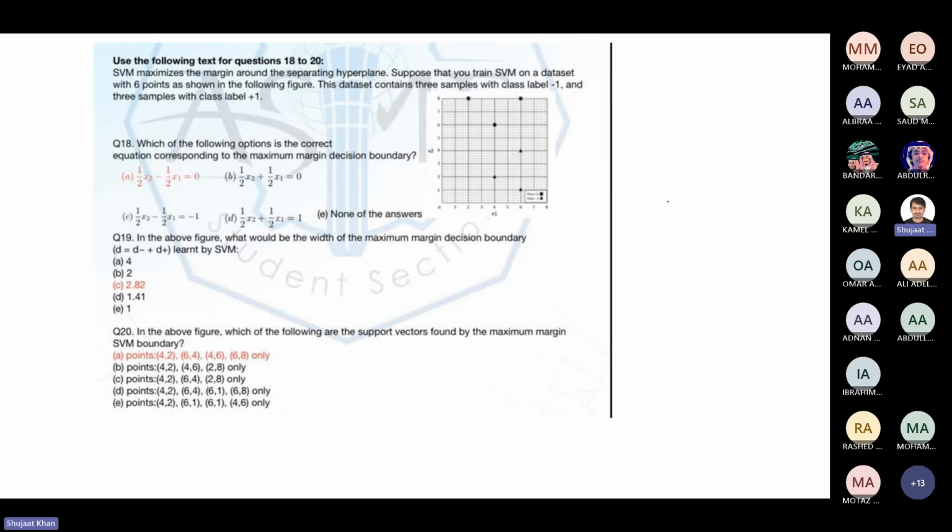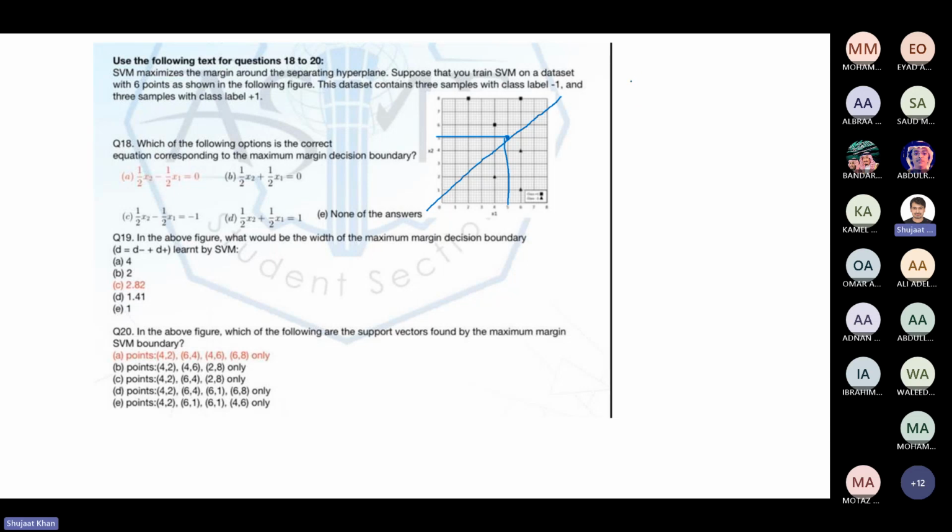Okay, so the line will pass through this imaginary point, and the equation of this one is 5 and 5, and the slope will be 1.